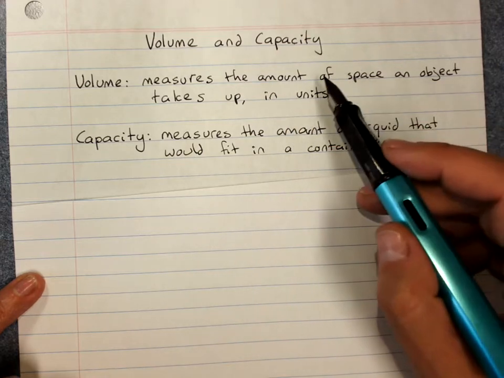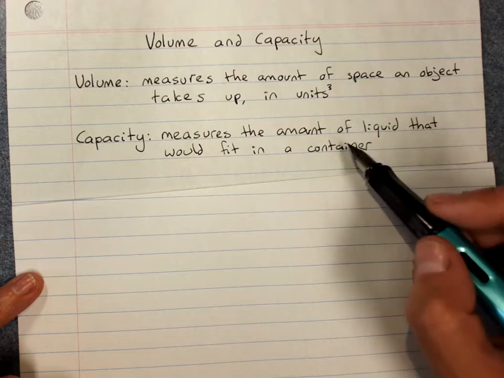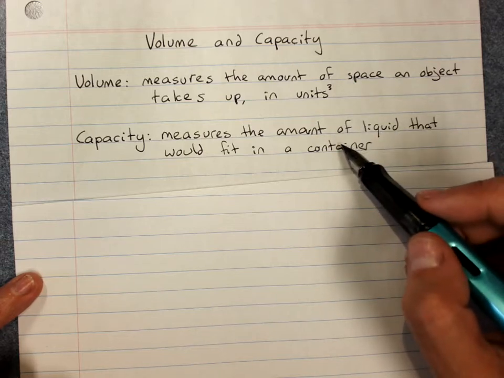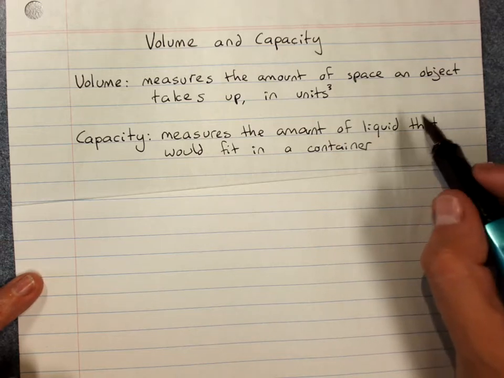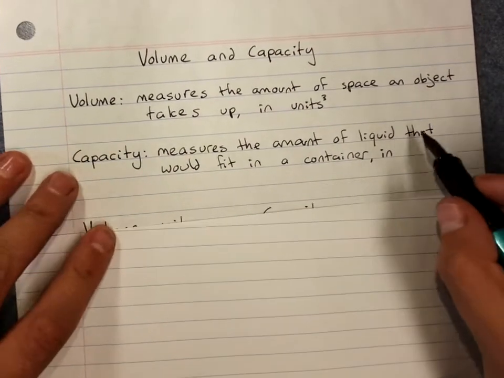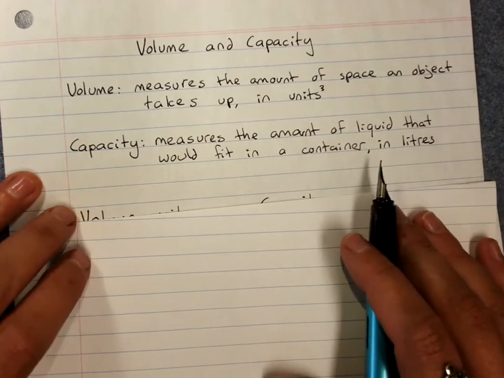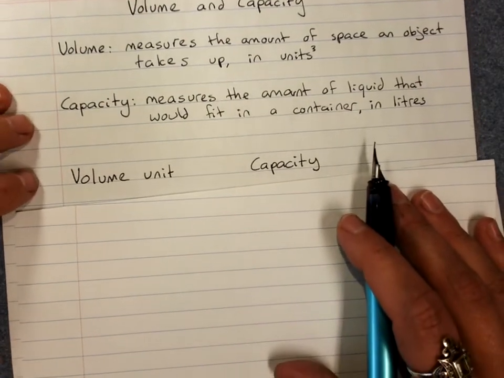So you can see that a container with a large volume that takes up a large space would hold a large amount of liquid, so it would have a large capacity. And we measure capacity in litres and all the other measurements of litres, like millilitres and things like that.